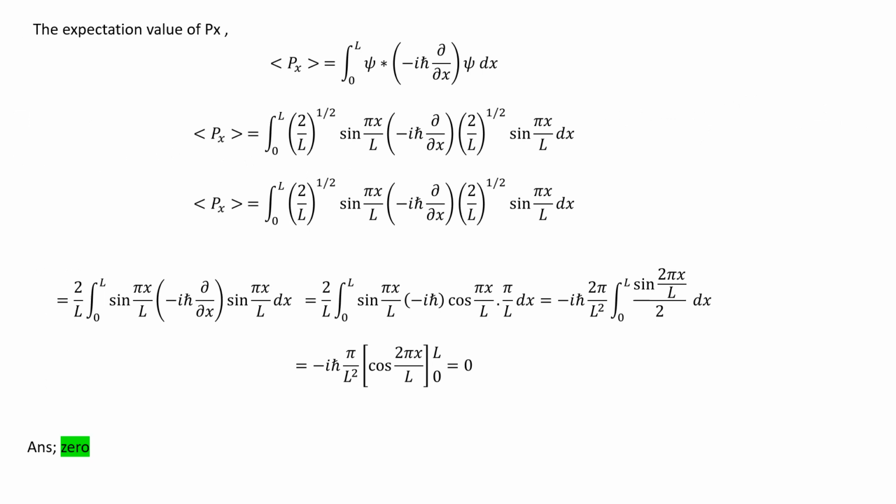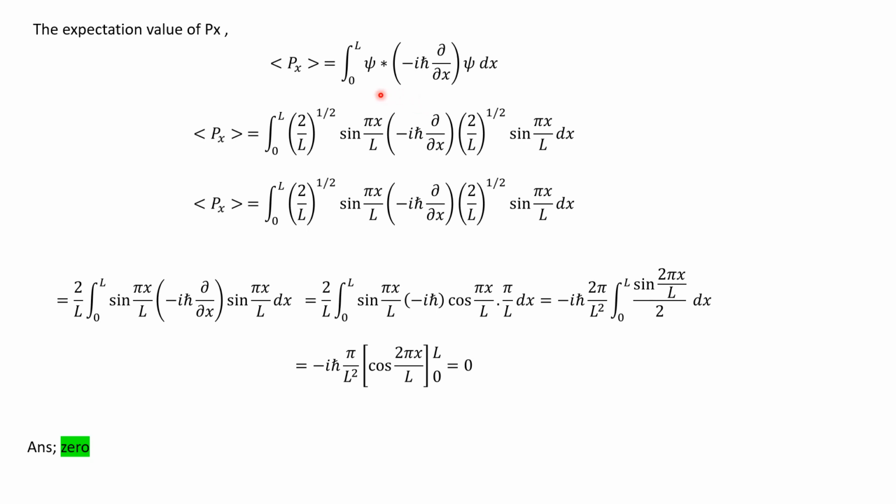So basically we have to find the expectation value of Px, or the average value of Px. We know the formula for it as the integration over 0 to L of psi star (minus i h cut, del by del x) psi dx, whole divided by the integration over 0 to L of psi star psi dx. And we know that the integration over 0 to L of psi star psi dx is 1.